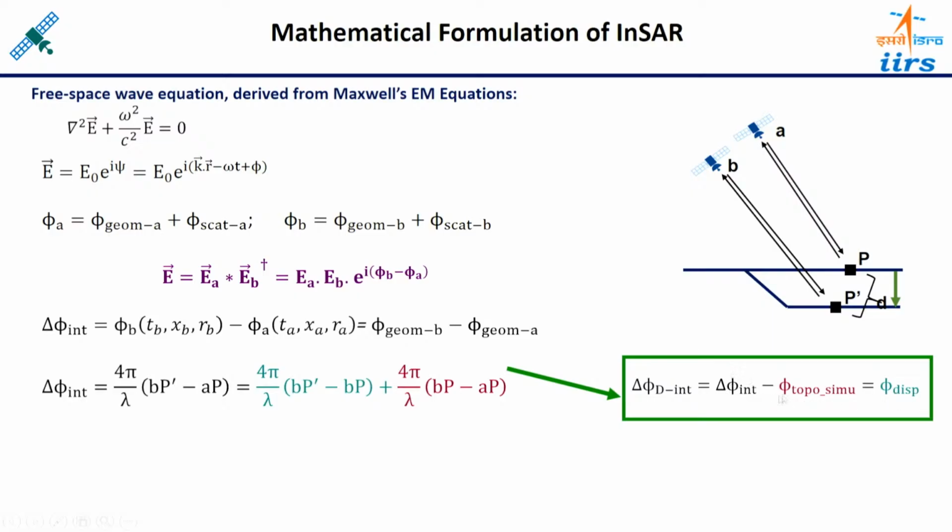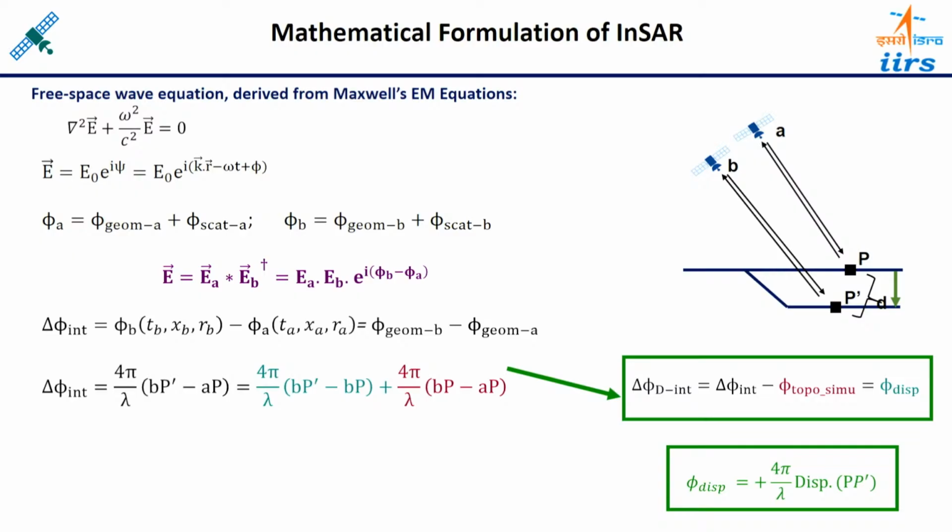If we subtract the topographic phase from the interferometric phase, then this difference is called differential InSAR, because this is interferometric SAR. That's why this difference is denoted by another term, delta phi dint. Delta phi is the phase difference because of the difference of these two terms. D stands for differential, int stands for interferometry. So differential interferometric phase equals interferometric phase minus topographic phase, which is almost equal to the displacement phase, or deformation phase.